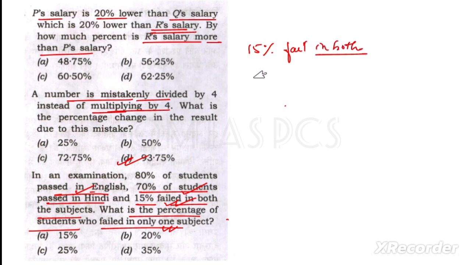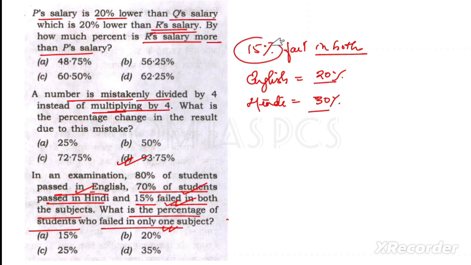For English, if the pass percentage is 80, what is the fail percentage? 20. For Hindi, if the pass percentage is 70, what is the fail percentage? 30. Simple, 100 minus 70 is 30 percent. Now this 20 and this 30, here 15 percent fail in both.